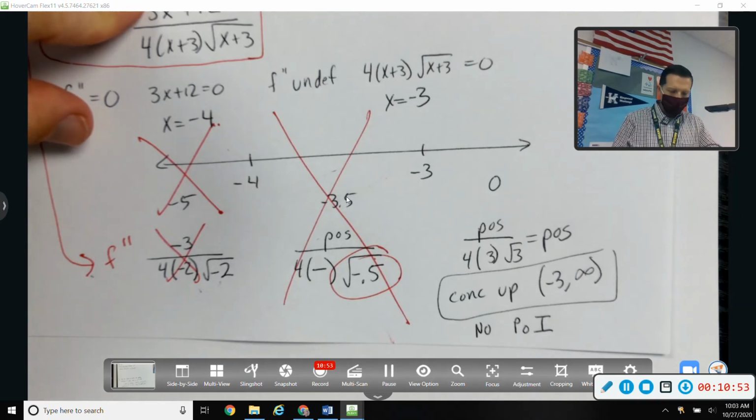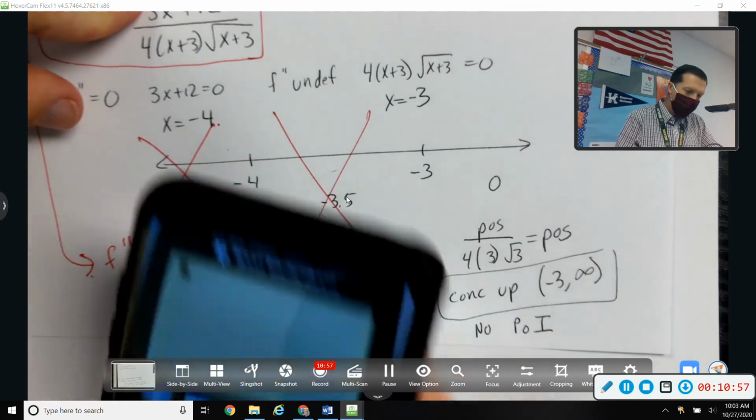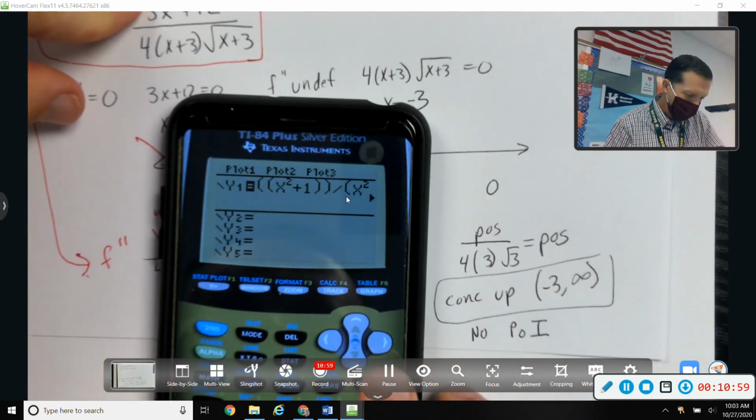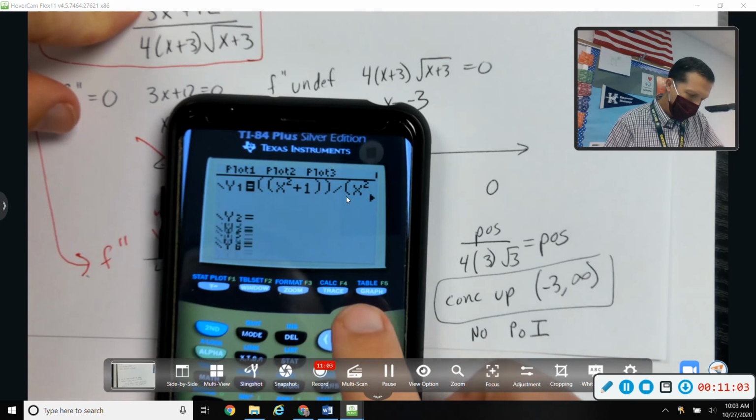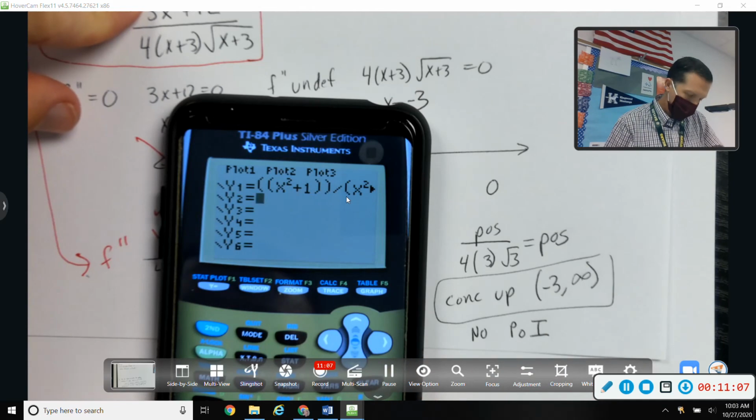Right? I'm going to graph that and see if that matches. Because this one isn't too hard to type in. X times square root of x plus 3.